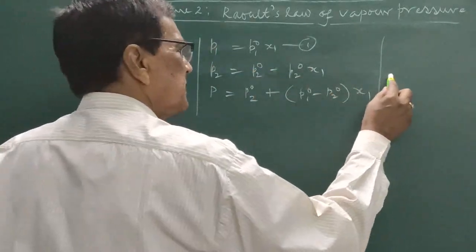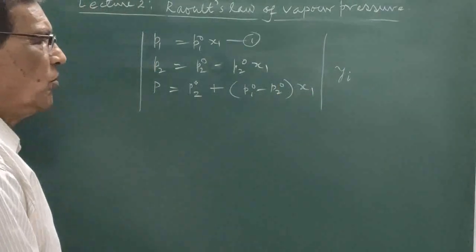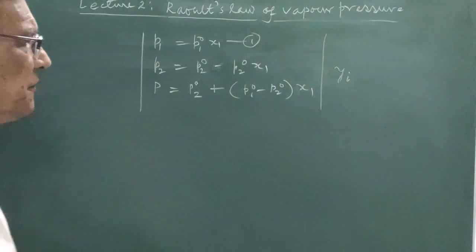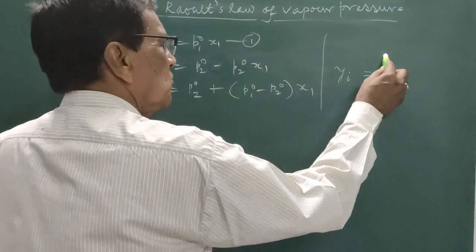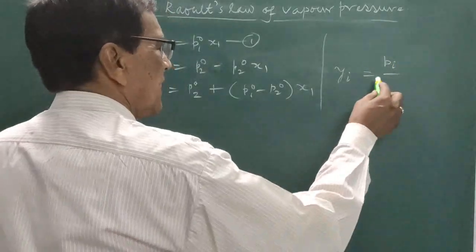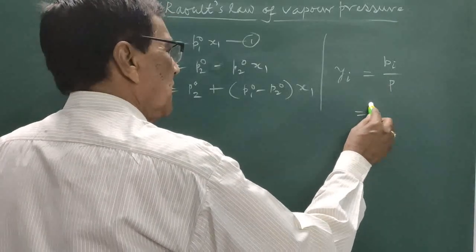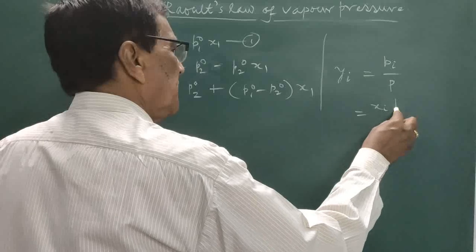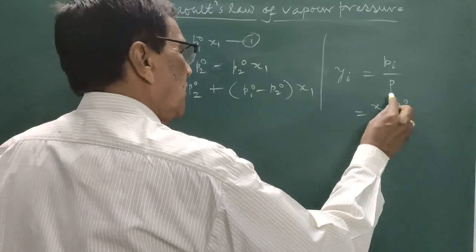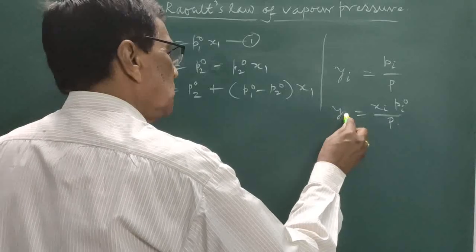And the mole fraction of the ith component in the vapor phase is equal to the partial pressure in the vapor phase divided by the total pressure, and this is equal to xi into pi naught divided by total pressure. This is equal to yi.